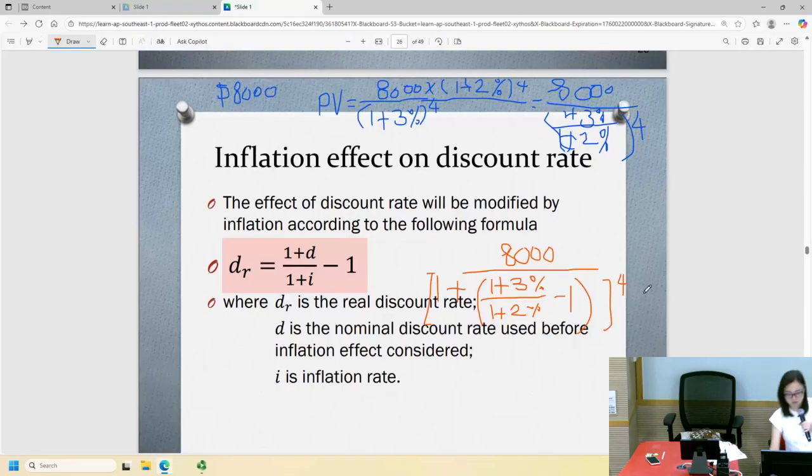Same equation. So 1 plus this, minus 1, and then to the power 4. So it would be the same as here, right? The lower portion, no change.